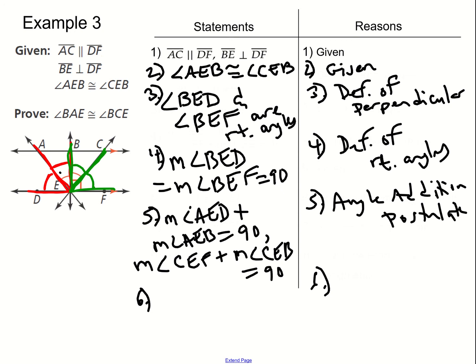So we can say that AED, let me erase this and show you what we're referring to. So we could say that AED is actually the same thing as CEB. So this right here is the same thing as CE.